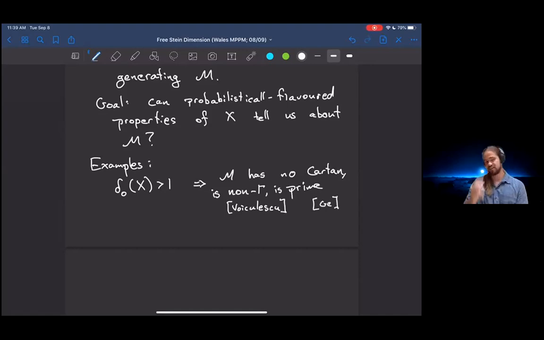Okay. And another series of results is that this other version of the free entropy dimension attains its maximum value of n.